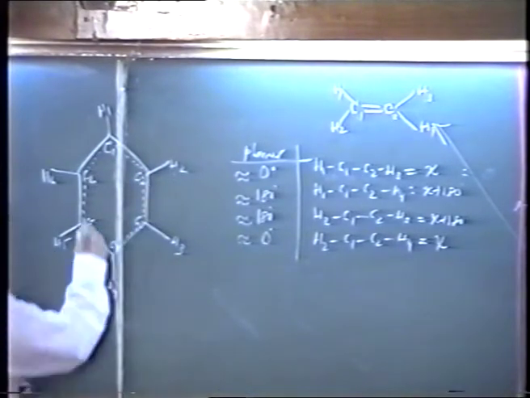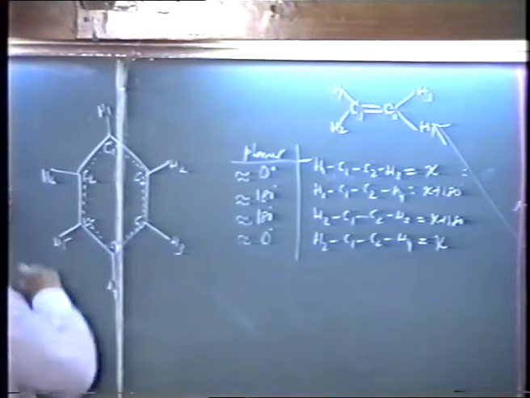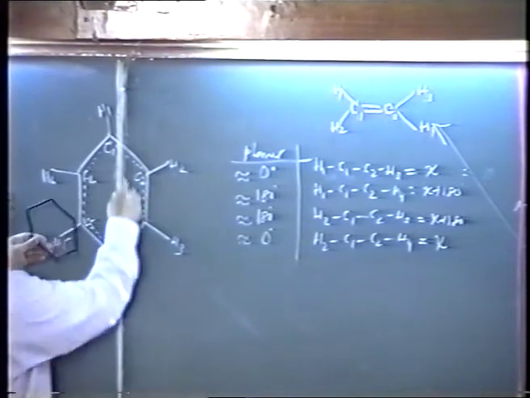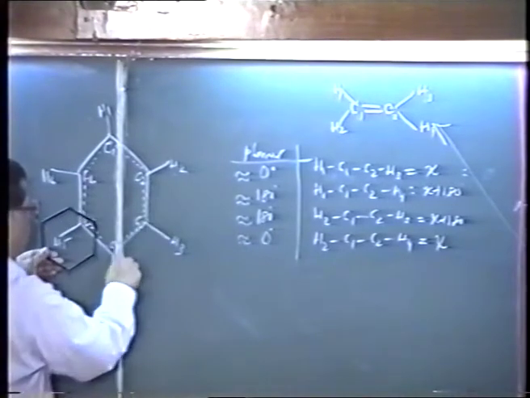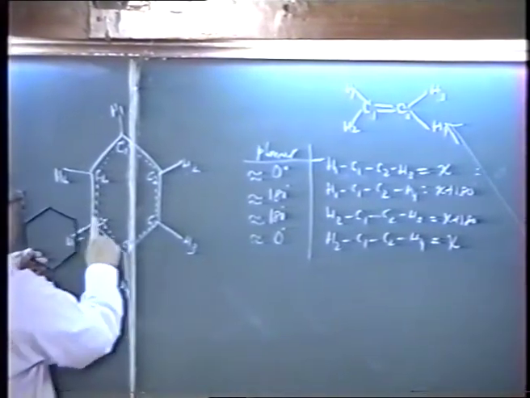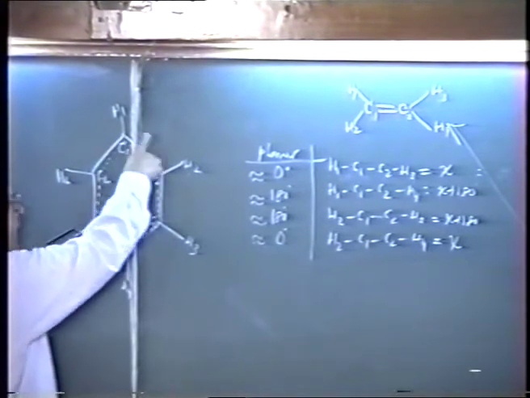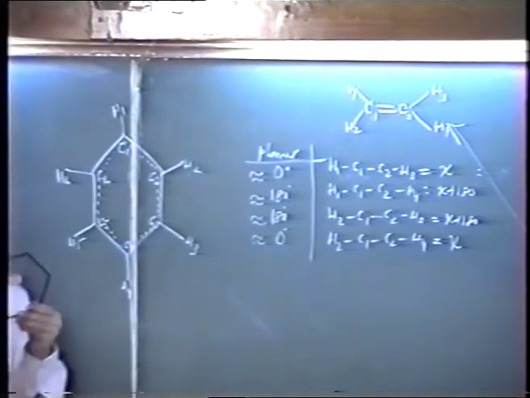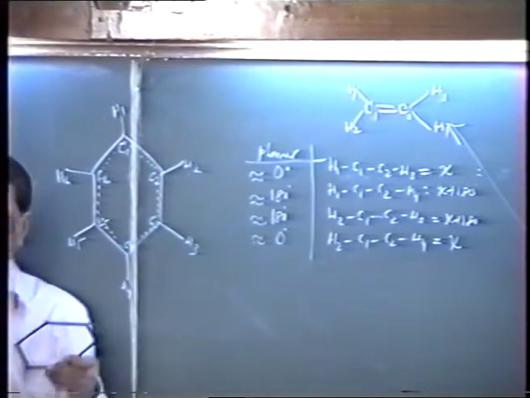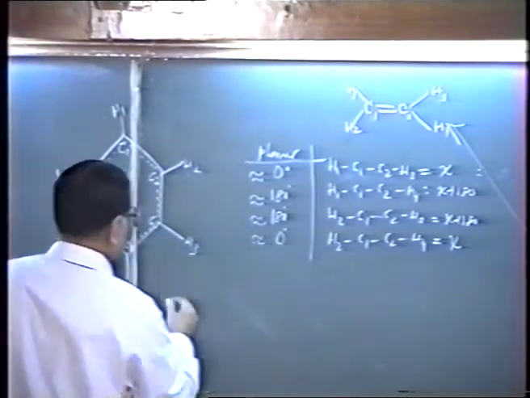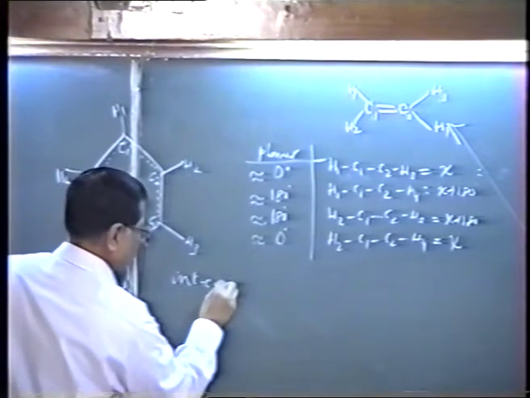Now, if you look at the torsion angles we are looking at here, there is C1, C2, C3, C4; C2, C3, C4, C5; C4, C5, C6, C1. This type of torsion angles all involve atoms which are in the ring, and so sometimes they are called internal torsion angles.